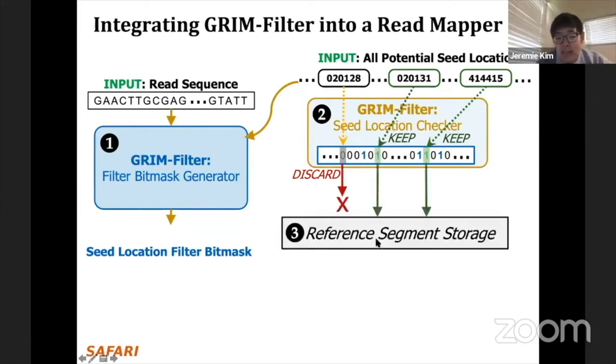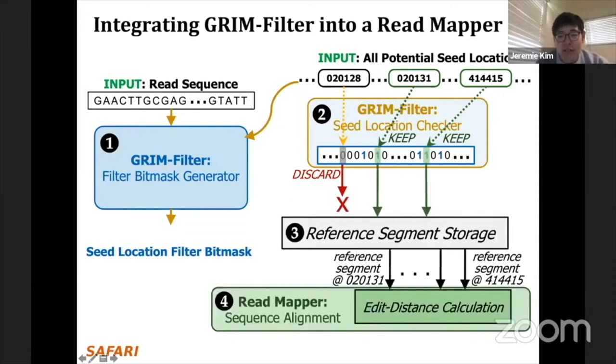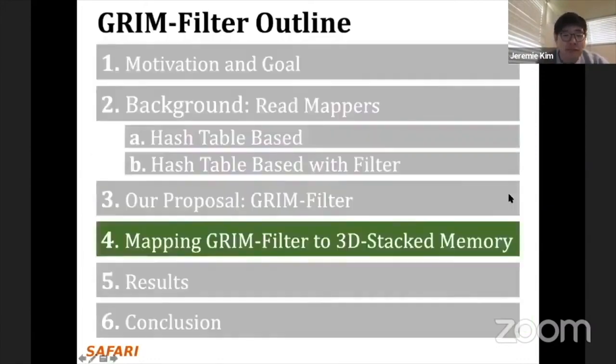We then send these locations to the reference segment storage, which extracts the segments from the reference. And then we finally calculate the edit distance using the read mapper. And so here we see that we're discarding 1 out of 3 of the visible locations, at least, and therefore we're saving time on the actual edit distance calculation. And then we output the correct mappings.